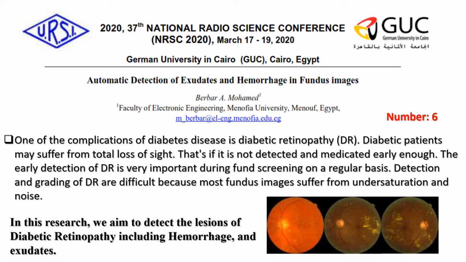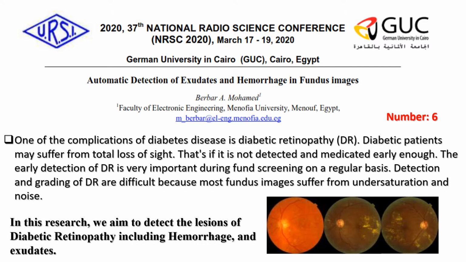Exudates are also a problem. It is a leakage of protein under the retina. Hemorrhages are the leakage of blood from the blood vessels. Also we detect the vessels to see if they are dilated or not. Dilation happens because of blocking of some vessels in the retina, and we decide if we have a problem or not.